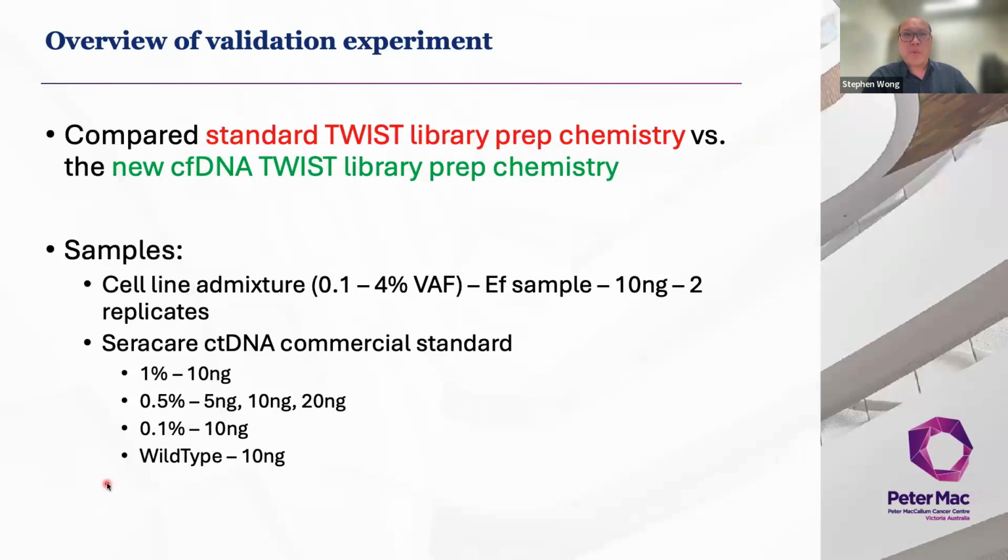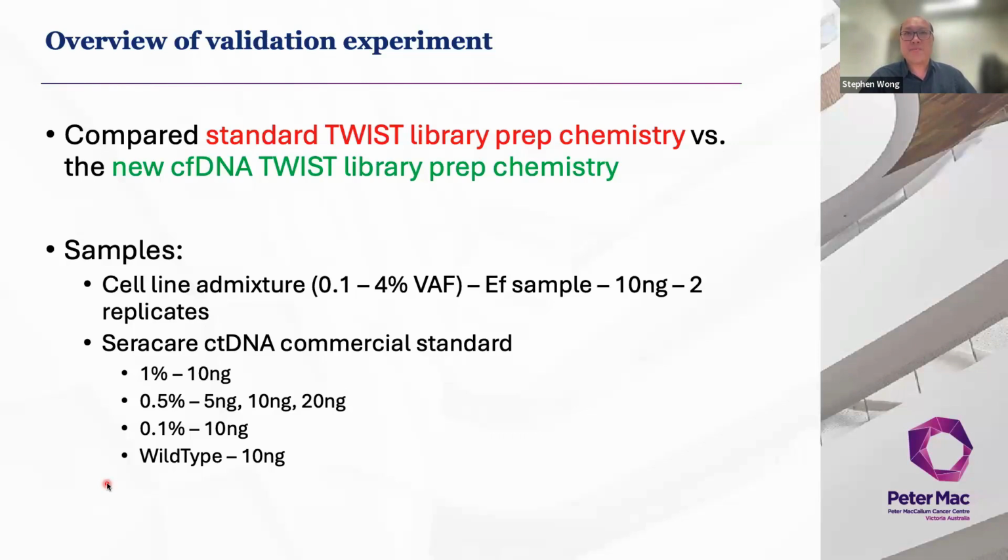We also ran a number of known Seracare ctDNA commercial standards ranging from 1% down to 0.1%. For all standards we ran them at 10 nanograms, but for the 0.5% VAF standard for Seracare, we ran it at varying DNA inputs, including 5, 10, and 20 nanograms.